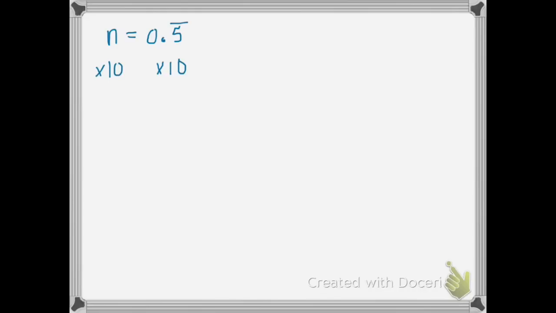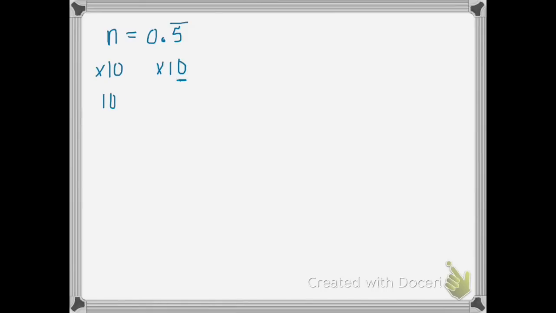The reason we do that is we want to move the decimal point one digit, to have the repeating part slightly to the left of the decimal point. To move the decimal point one place, we multiply by one power of 10. If we had two digits repeating, we would multiply by 100 because that would move the decimal two digits. So basically a power of 10 for how many digits are repeating after the decimal point.